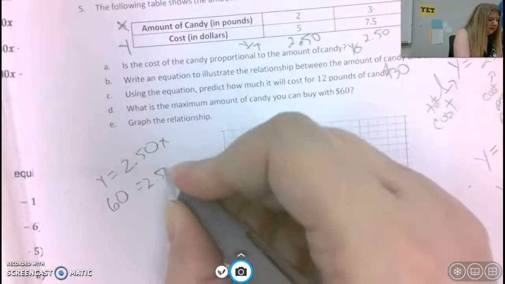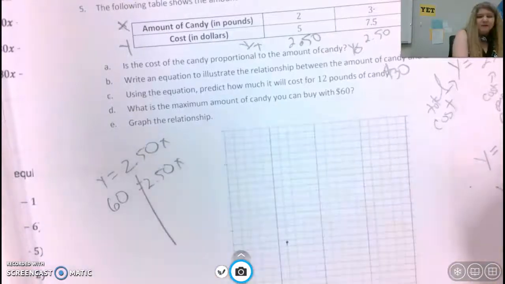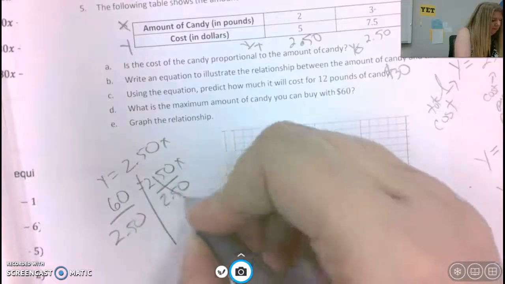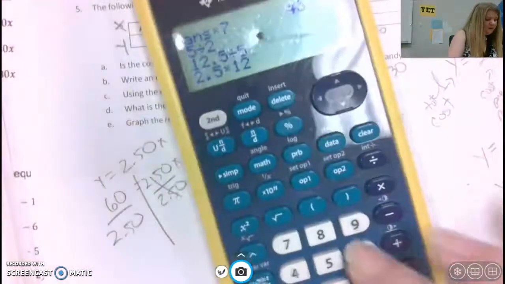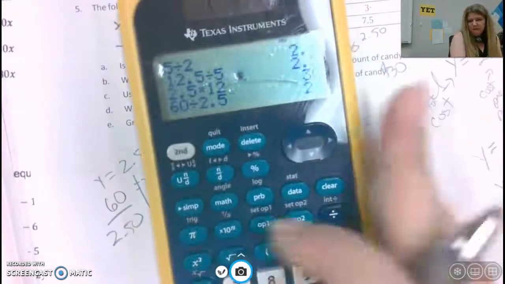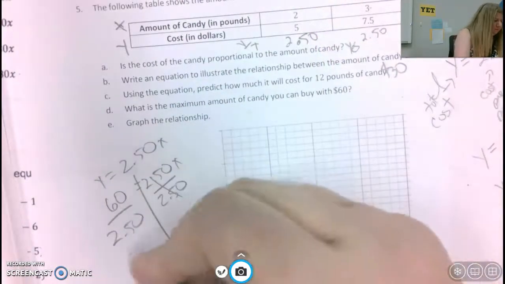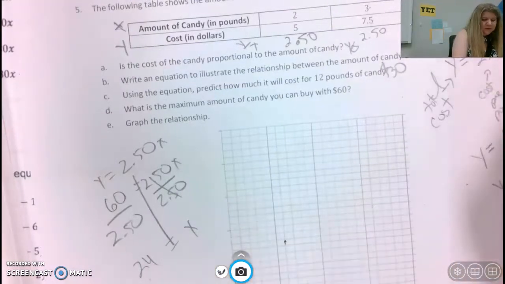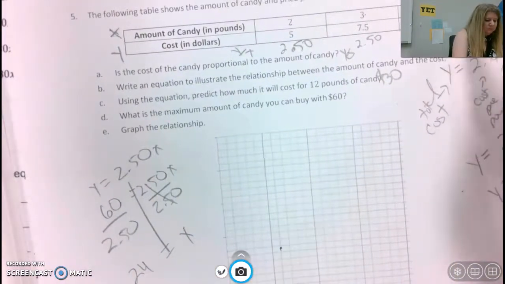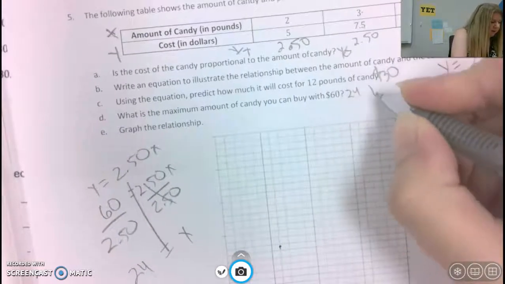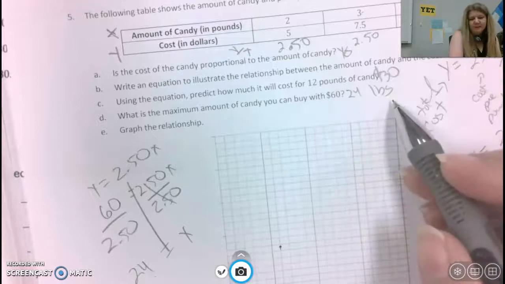And that's 2.50x. So to solve this equation, I'll divide each side by 2.50. Let's do that. 60 divided by 2.50 is 24. So 24 pounds of candy, which is what I got. Okay, 24 pounds. Put that here. LBS is the pound symbol.